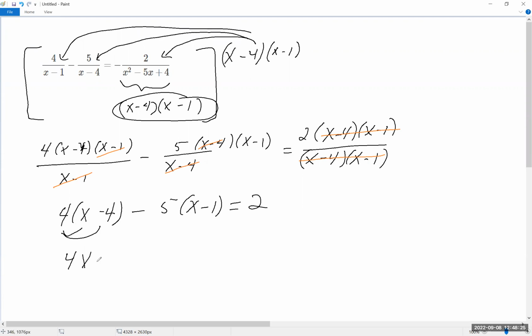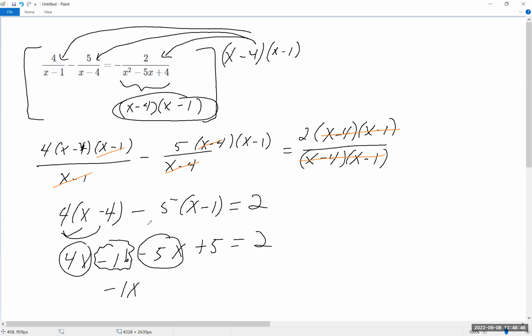Distribute, so that's 4x minus 16 minus 5x plus 5 is 2. 4x minus 5x is minus 1x. And then minus 16. Make a different little thing there so you could see. And then combine it with this, so that's going to be minus 11. And I just stopped to check.